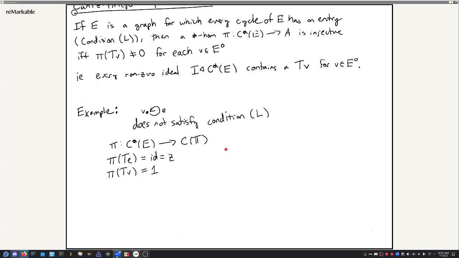And we'll say C is the set of complex numbers so that the imaginary part of Z is less than or equal to 0.